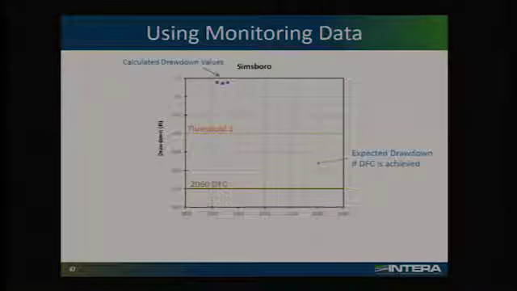And so this is an example of a graph that we put together for post-oak based on the calculations that we did. Those top three blue points are the calculated drawdown values from 2000 to 2012, 2000 to 2014, 2000 to 2016. And the bottom line is the 2060 DFC. The slanted line would be what you'd expect behavior to be if the DFC is to be achieved in 2060.